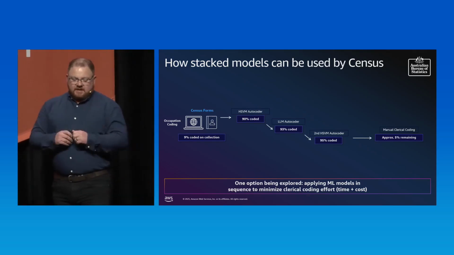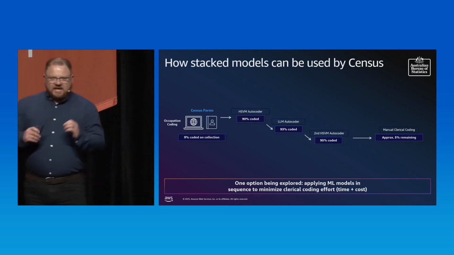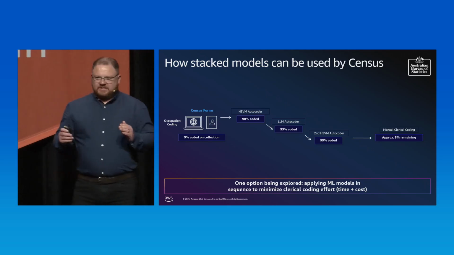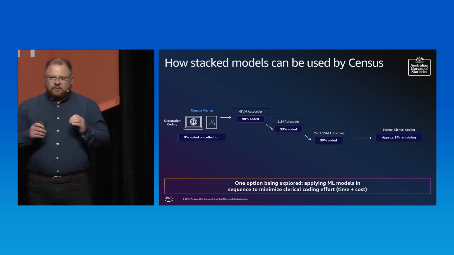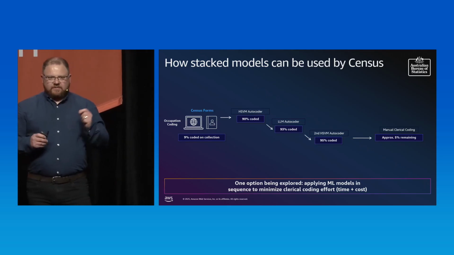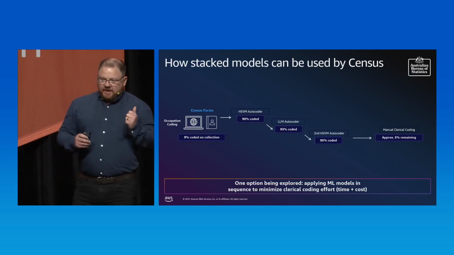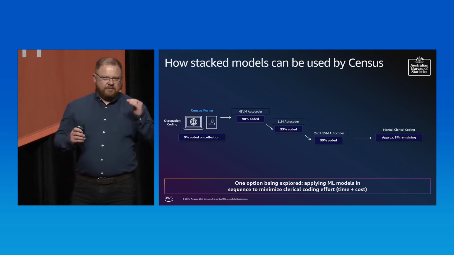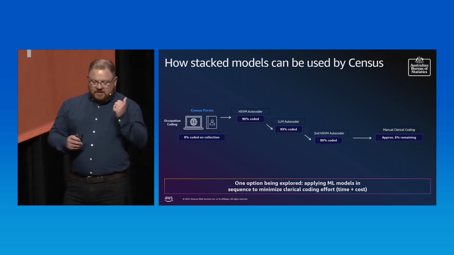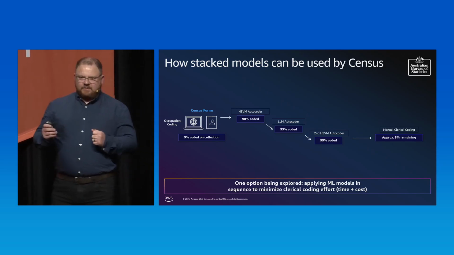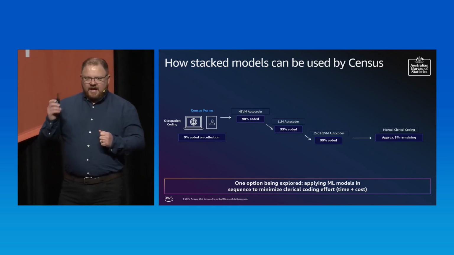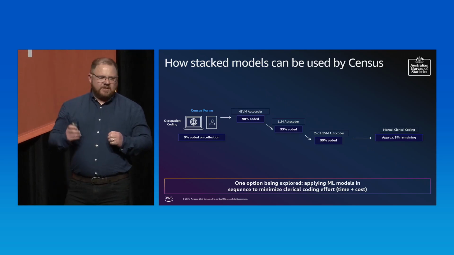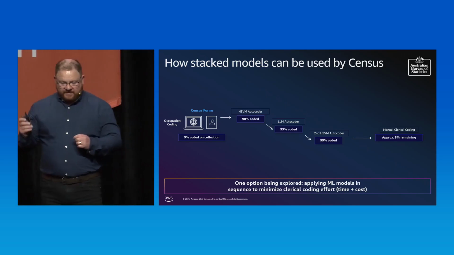So on the screen here is one example of how the Census 2026 team will be able to use a range of machine learning models to produce a high auto-coding rate to the highest possible quality. And those are the two drivers for us: auto-coding rates, which reduce clerical coding effort, and quality, ensuring that the quality that we're producing is fit for purpose.